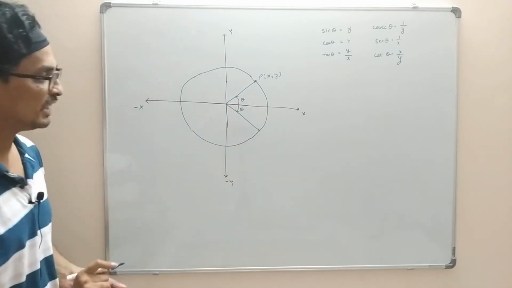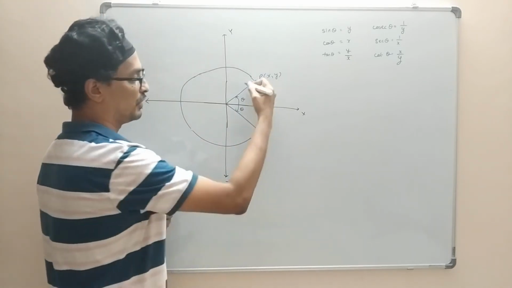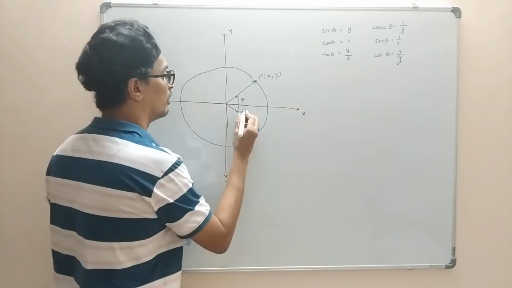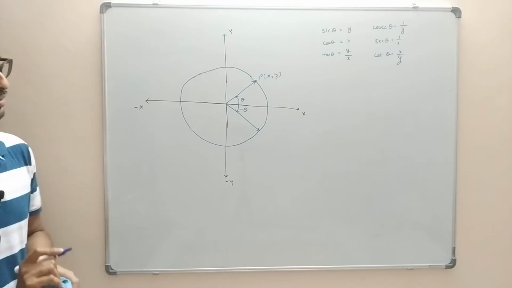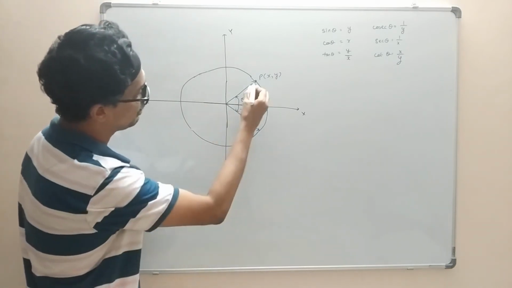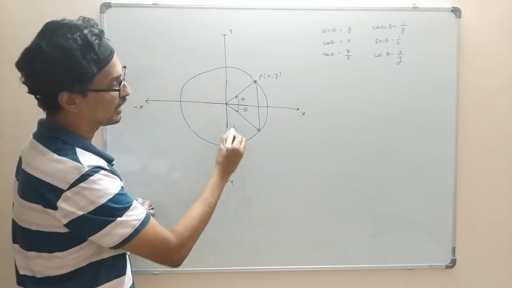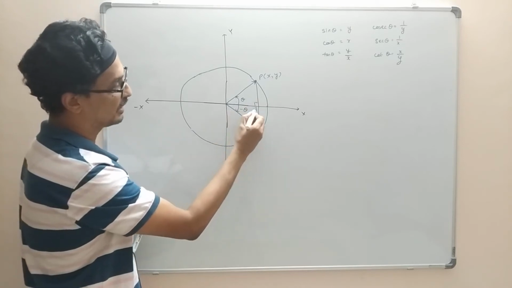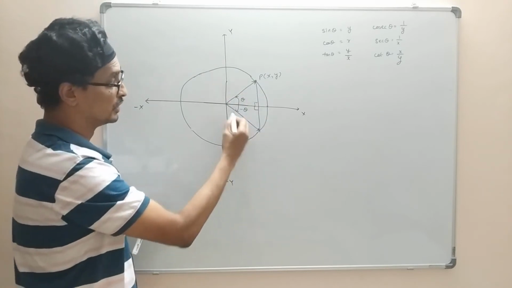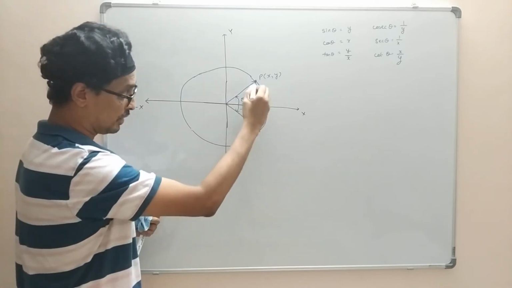Let us find out how the trigonometric ratios behave for theta and minus theta. If I drop a perpendicular here, these are basically theta, 90, 90, with common sides, so these are congruent triangles.